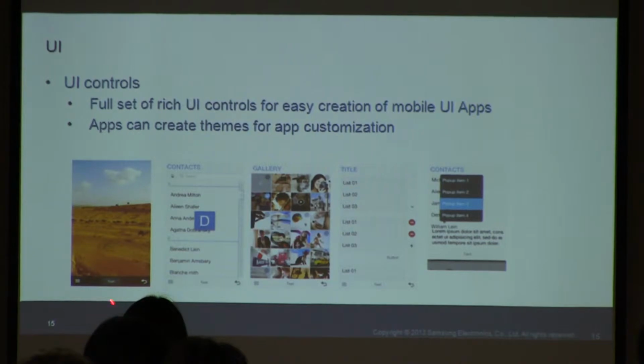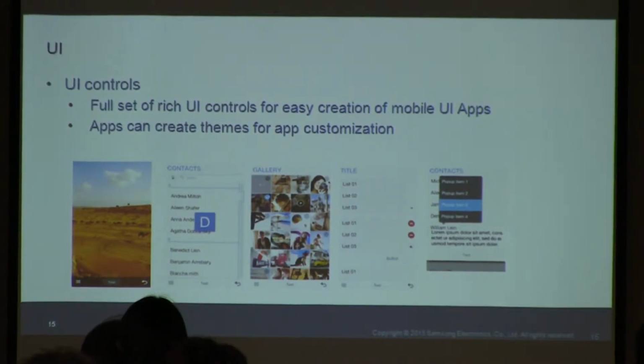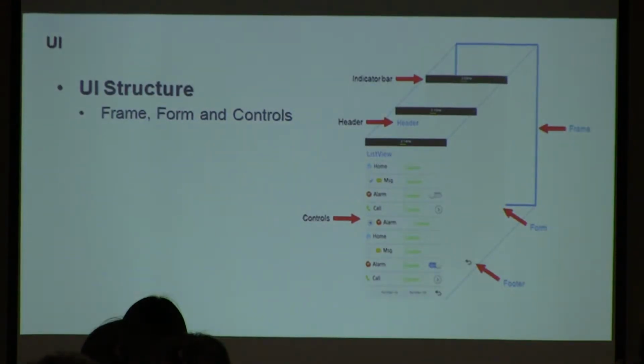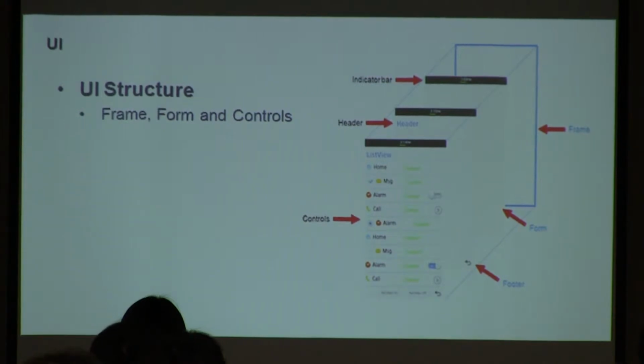And many UI controls are provided, and you can implement your own if you want. And as for the reference, I think you would like to know what the UI structure is like. We have one frame.